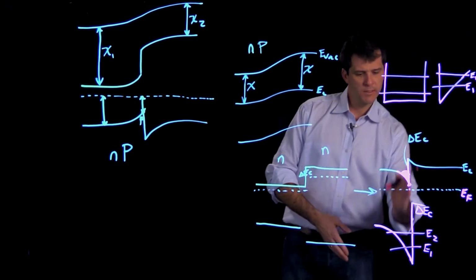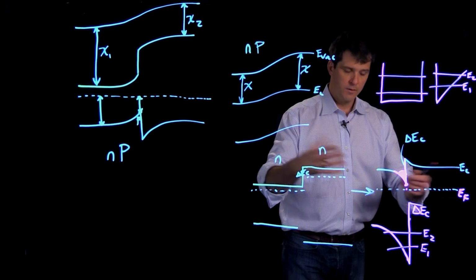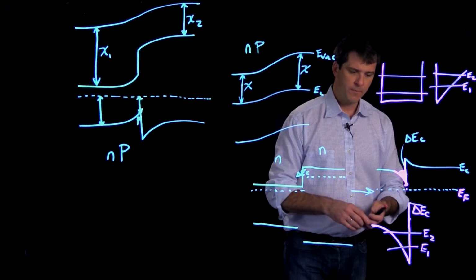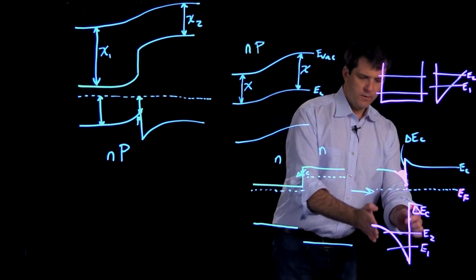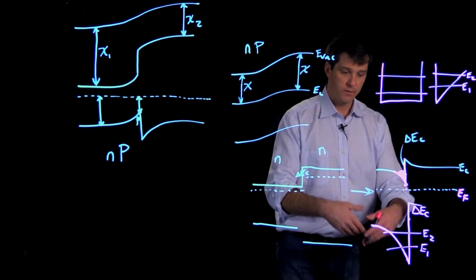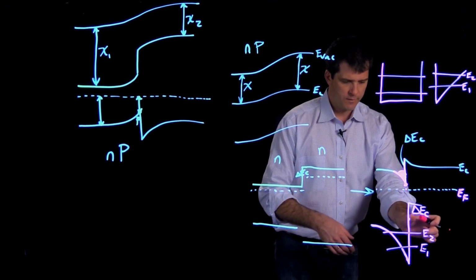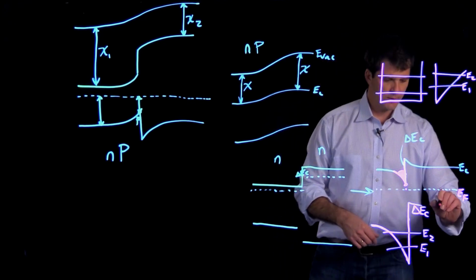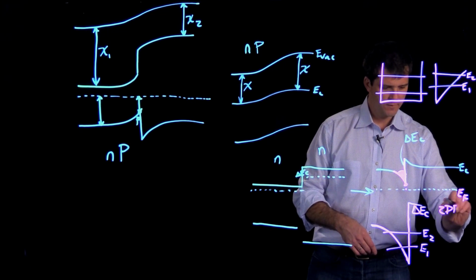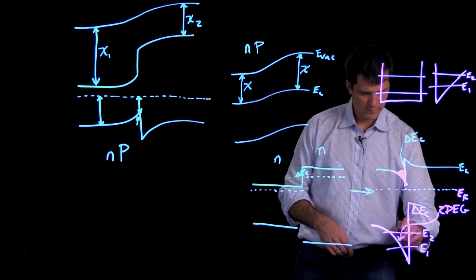Now, however, in the plane coming out of the board, the semiconductor will still behave as if in bulk. So really you have a very thin layer of very high charge density, or a sheet charge. And this is given the term two-dimensional electron gas, or 2-DEG, which will form at this interface.